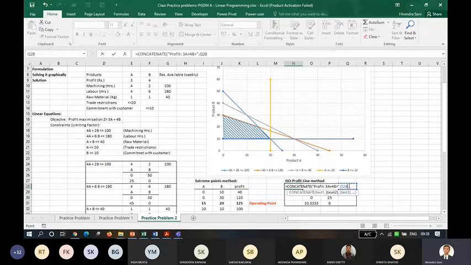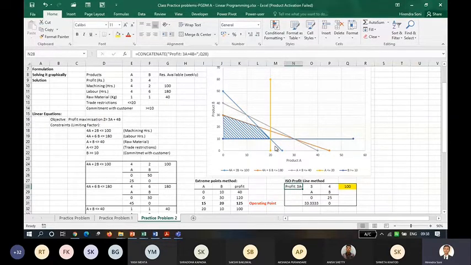So it will automatically appear like this. If I put 120 here, automatically this will start appearing as 120.